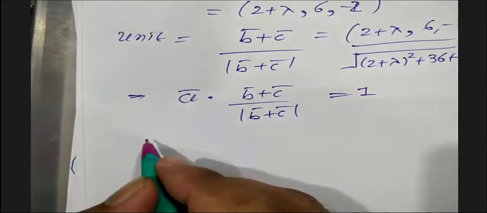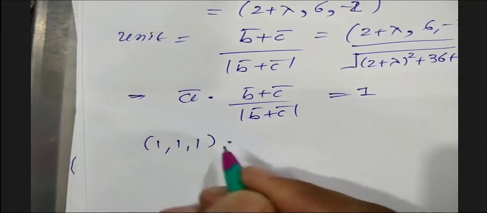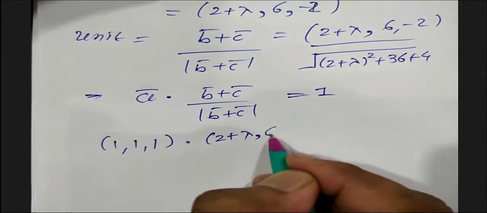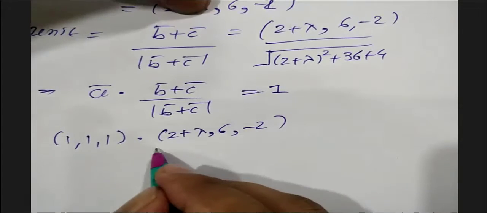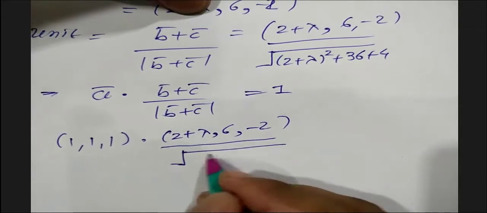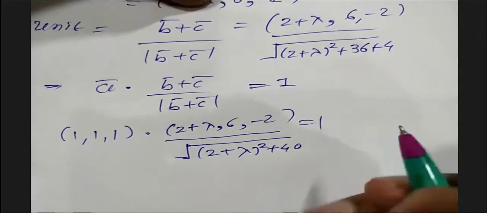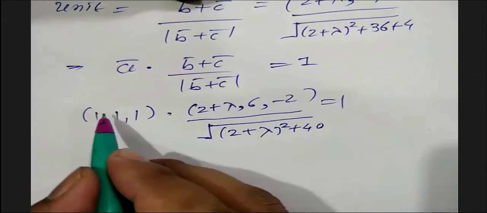So we know the value of A is (1, 1, 1), and B bar plus C bar is (2+λ, 6, -2), upon the square root of (2+λ)² plus 40, is equal to 1.